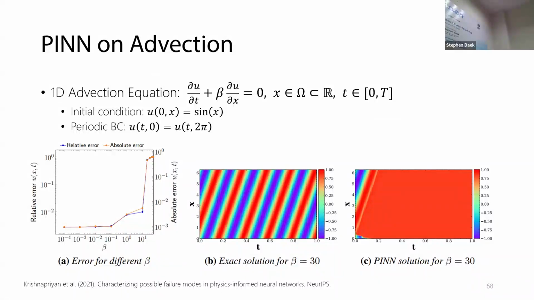Again, we have the low velocity regime on the left and the relatively higher velocity regime on the right, and the error goes up quite dramatically. And notice that this is a log scale, so the jump of error is actually more dramatic than what you see from this chart.